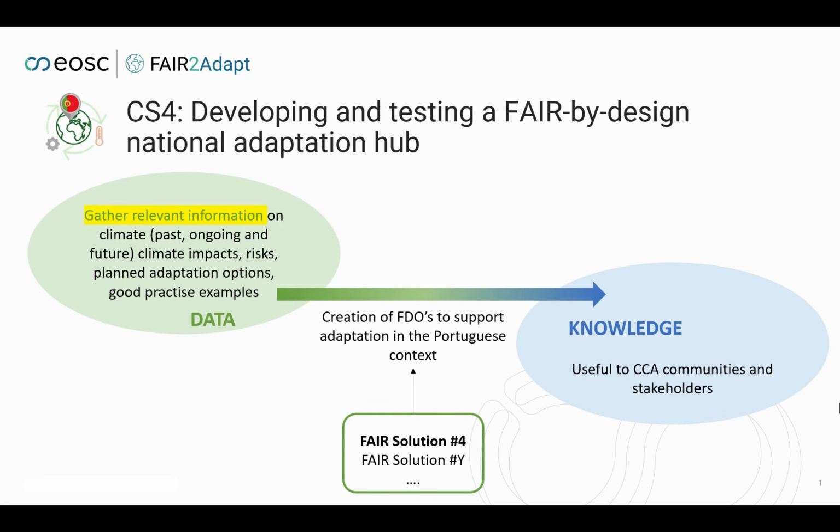So our idea is to build a National Adaptation Hub for Portugal that gathers all the relevant information on climate impacts, risks, and planned adaptation options, so data, and then transfer it to knowledge. Something that is useful for climate change adaptation communities and stakeholders. This will be done by creating a FAIR digital object to support adaptation. And this is only in the Portuguese context.